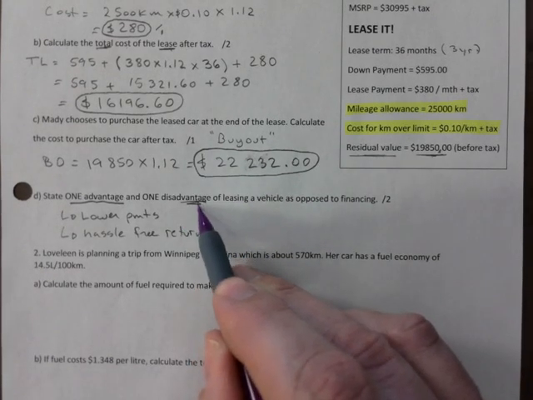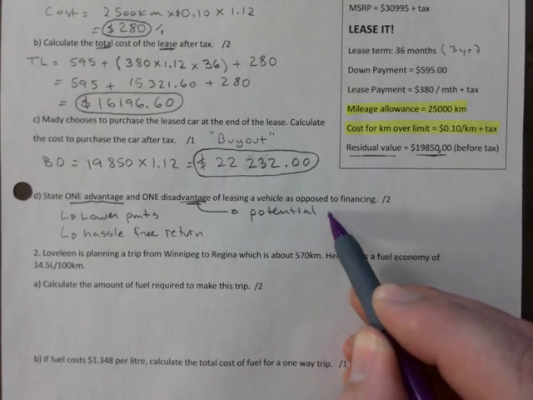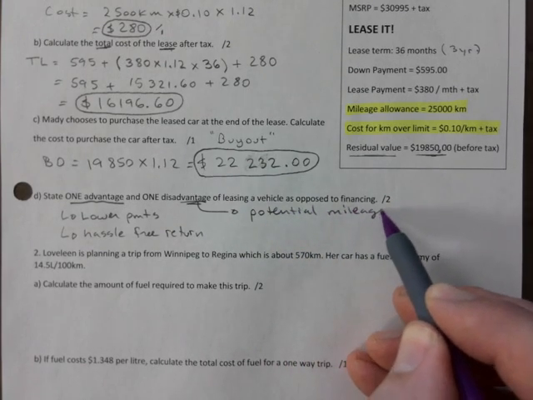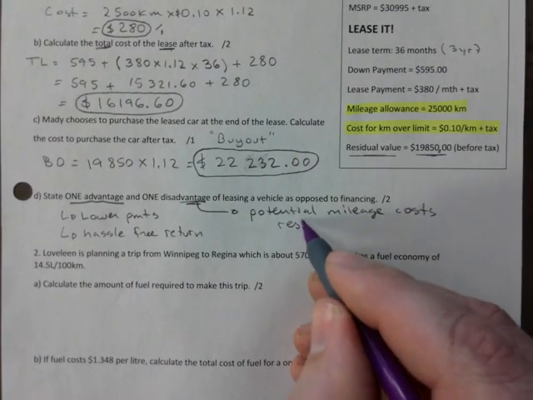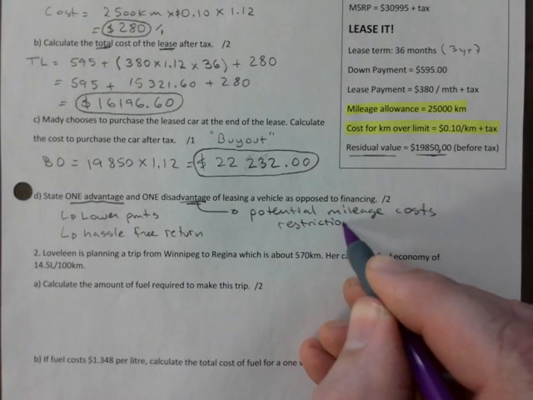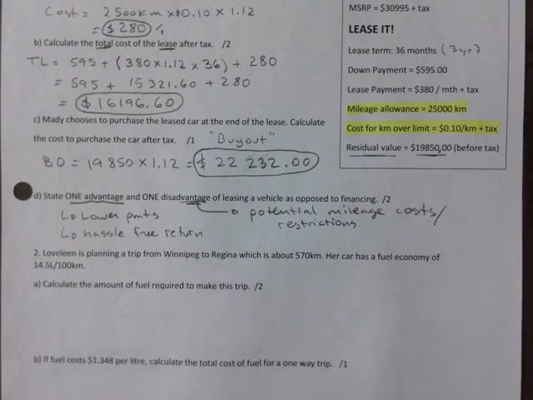One disadvantage: potential mileage costs, or you can just say restrictions. You are restricted, right? Restricted, or potentially have to pay for the extra mileage. Okay. Any other disadvantages? You can't modify it.